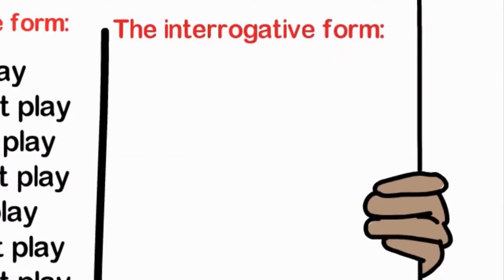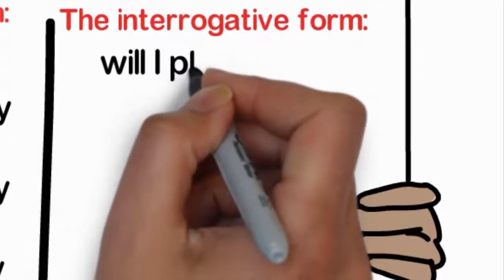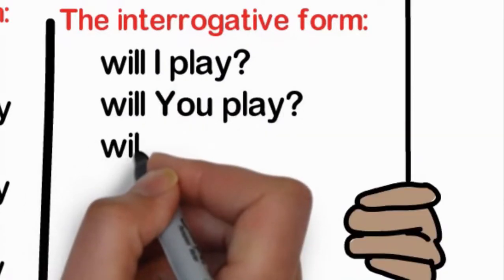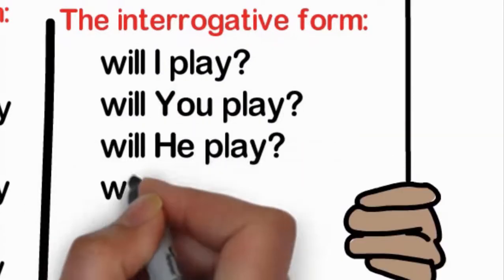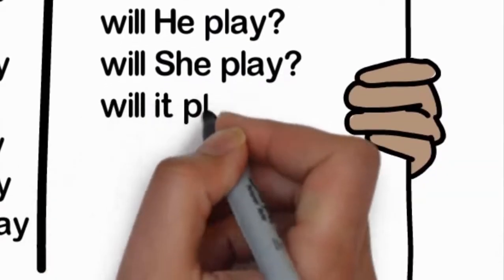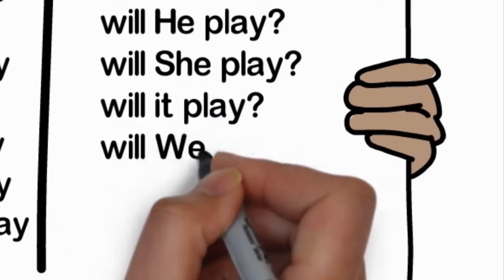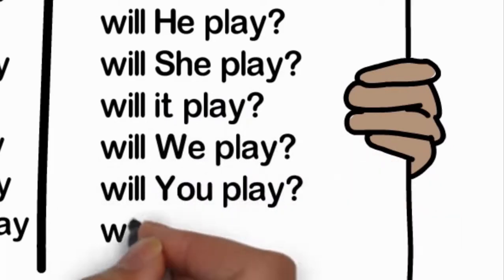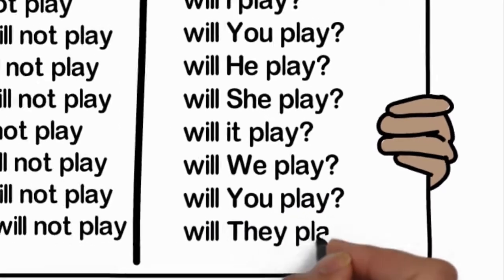The interrogative form. Will I play? Will you play? Will he play? Will she play? Will it play? Will we play? Will you play? Will they play?